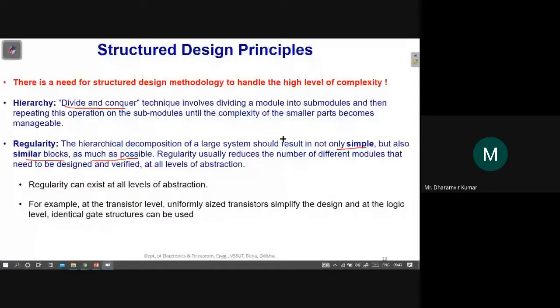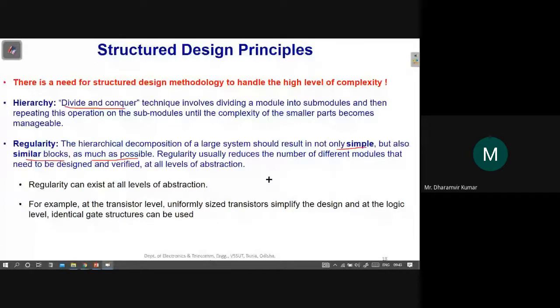So it is a good idea to use many smaller blocks which are similar in functioning, rather than different smaller blocks which are different in functions.